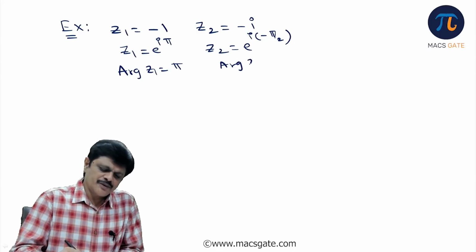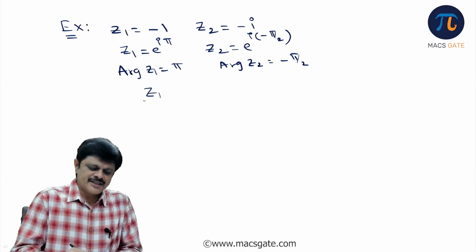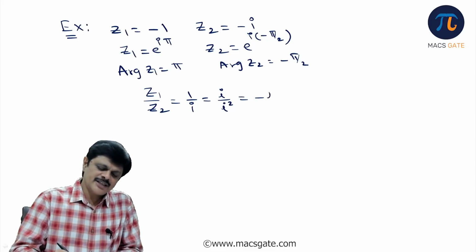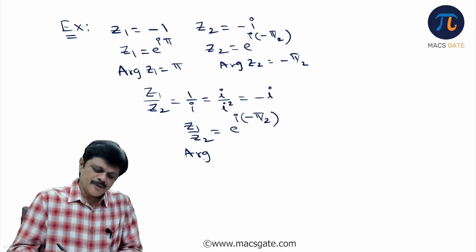Principal argument of z2, sir? Minus pi by 2. Now let us see what is z1 by z2. z1 by z2 means minus 1 by minus i, that is 1 by i, which can be written as multiplying and dividing by i, so i by i square. i square is minus 1, so it is minus i. So z1 by z2 is minus i, which means e power i minus pi by 2. So what is its principal argument, sir?